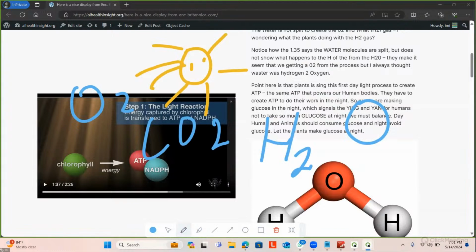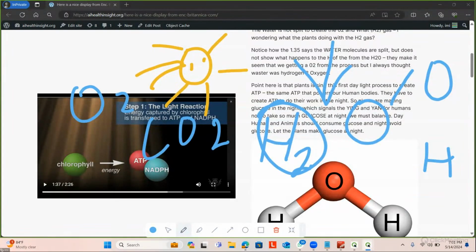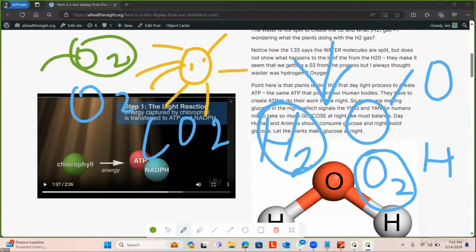The chlorophyll stores energy and the energy comes and splits the water right here. So you have H's and you have O's, and then another O from another H comes. So you have O2. What is O2? Oxygen. O2 is oxygen, which is what we take into our nose and breathe in, because we need oxygen.